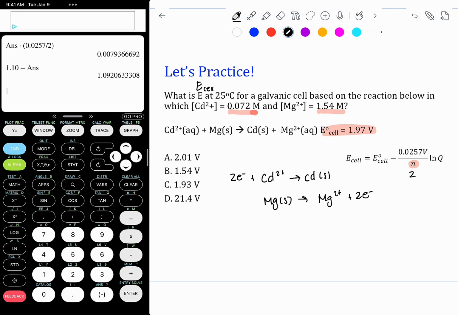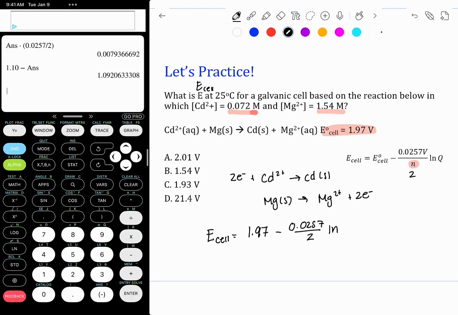So n is going to be 2 because I have 2 electrons in each half reaction. So E cell is equal to our E cell naught, 1.97 volts. That's what we get from our E cell standard that was given to us, minus 0.0257 divided by 2, ln of our products over our reactants.